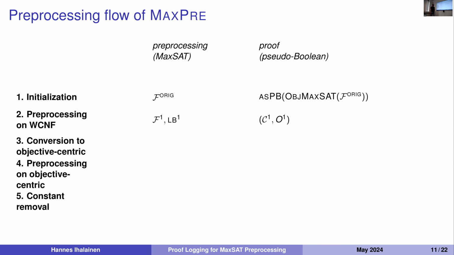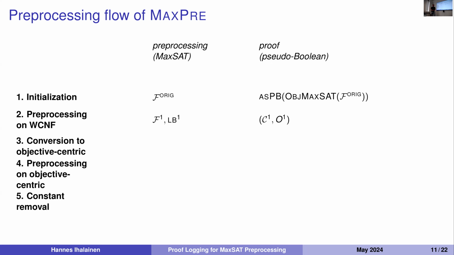Then we preprocess on the WCNF with the soft clauses, and here something happens that makes at least the implementation a bit more annoying, because there is no trivial correspondence. So there is no trivial function to map this MaxSAT instance of the preprocessor to the instance of the proof.